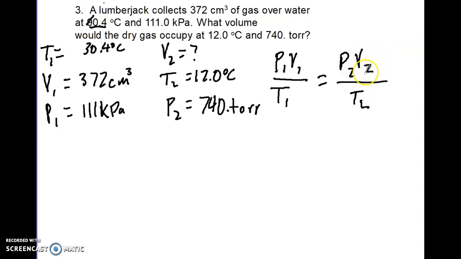Since we're looking for volume, we want to get that by itself, so we multiply both sides by T2 and divide both sides by P2. So our volume would be equal to temperature 2, pressure 1, volume 1 divided by temperature 1, pressure 2. A couple things: our temperatures have to be in Kelvin, and of course our pressure, we want to subtract out that extra water vapor pressure from the chart.